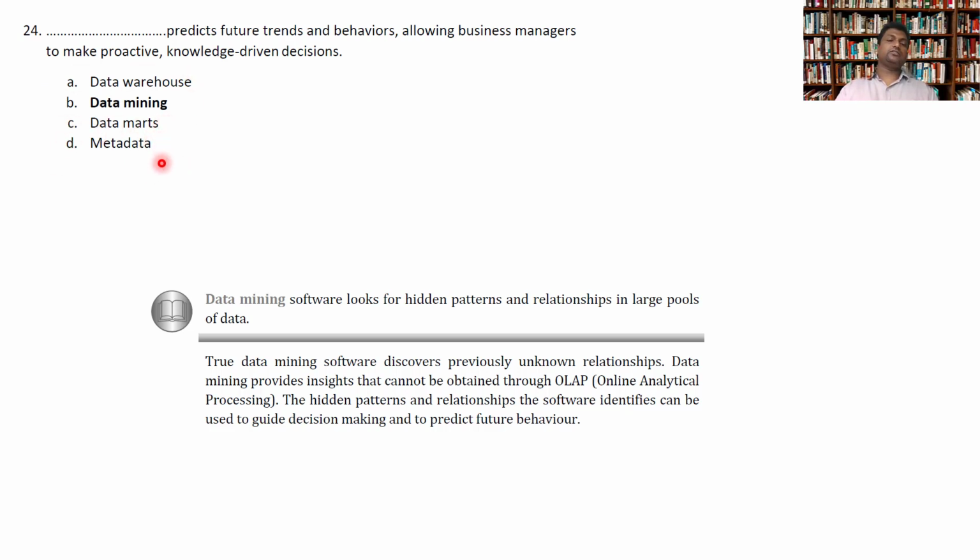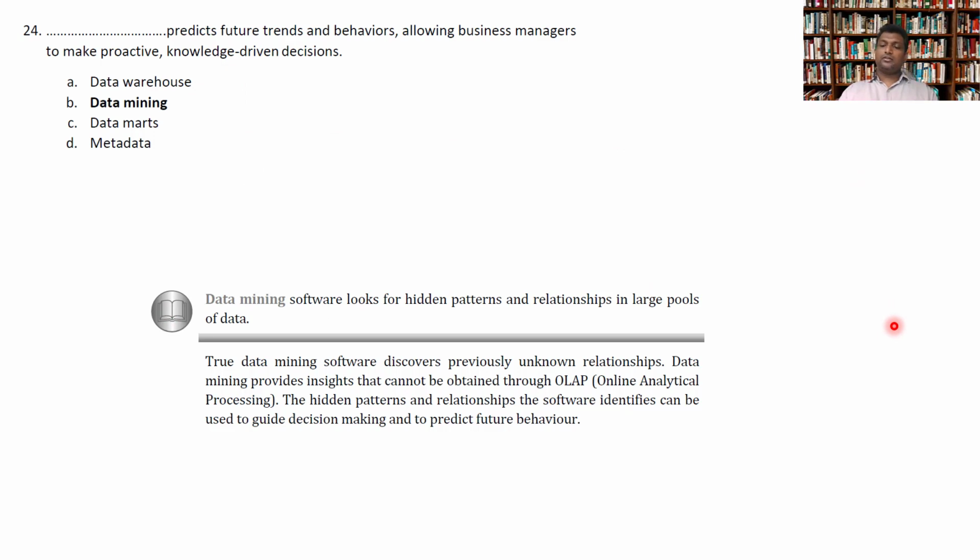And metadata is the information about the data. We have data about data. What is this data? We have to have another data explaining, okay, this is the first month sale by this salesperson. So the data is the sales figure, but we have to have data about the data, right? So the answer here is data mining, which helps us to predict future trends and behaviors based on the patterns in the large pools of data. Here the large pools of data means data in the data warehouse.